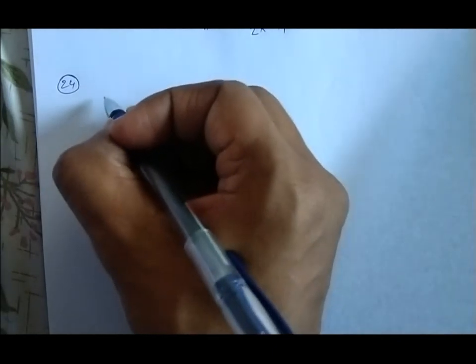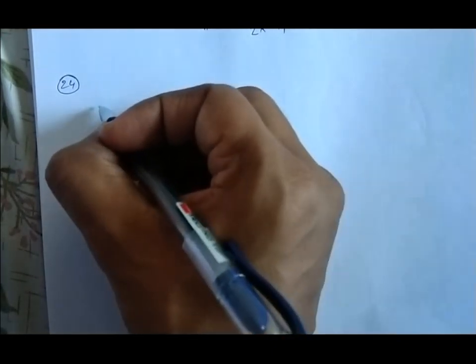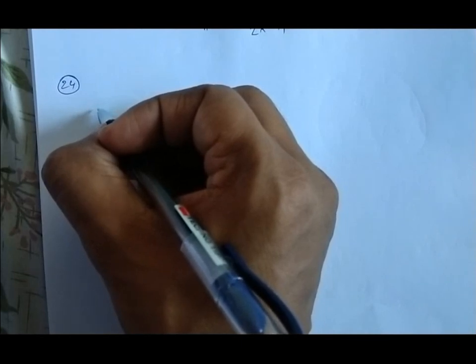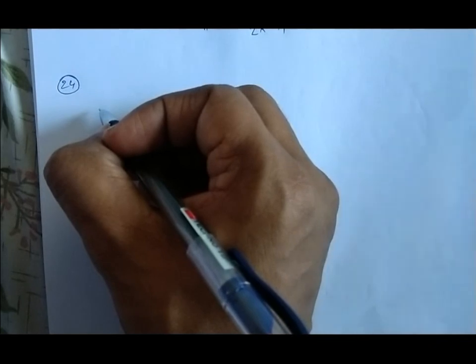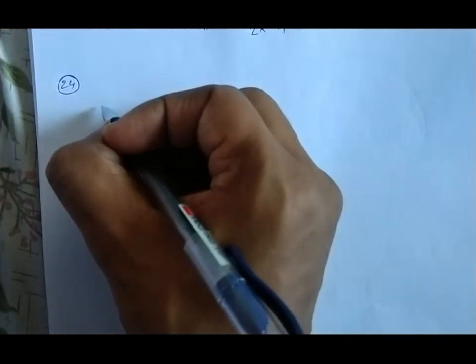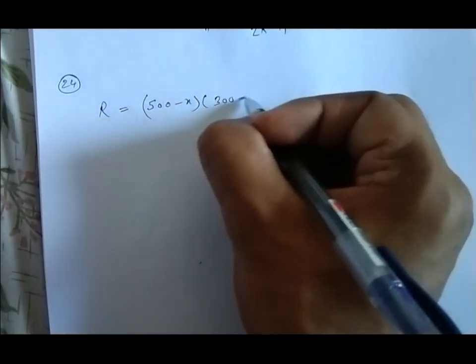Let the surcharge be increased by 1 rupee, x times. So revenue would be (500 minus x) into (300 plus x).